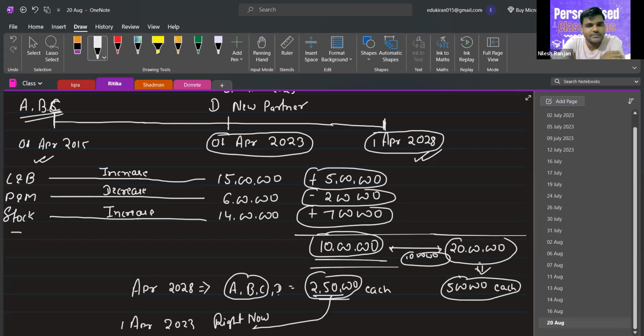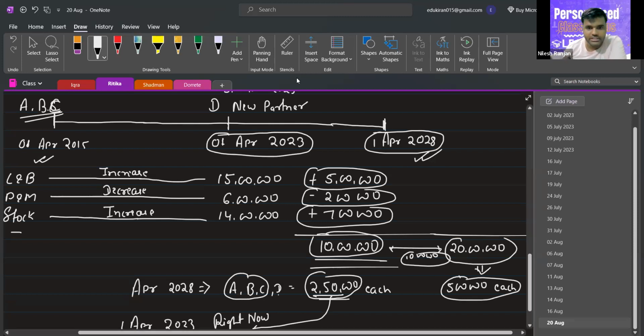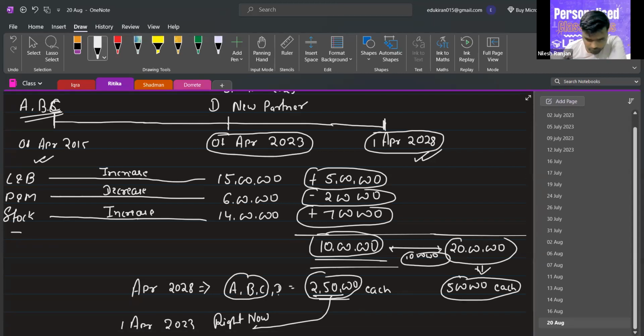Okay, sir. Is this clear? Yes, sir. So this is actually the whole concept of revaluation. In change in profit sharing ratio, we just have to cover the first part in detail. The second part is not covered in detail there. That's why I have explained it here. Now, the theoretical concept. This is the background of revaluation: why we do this, what the benefit is, and why this accounting treatment is required.